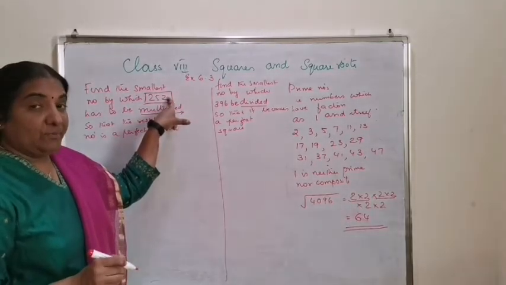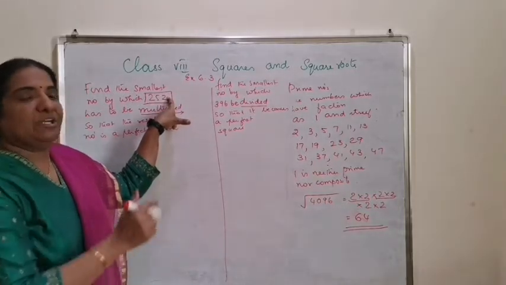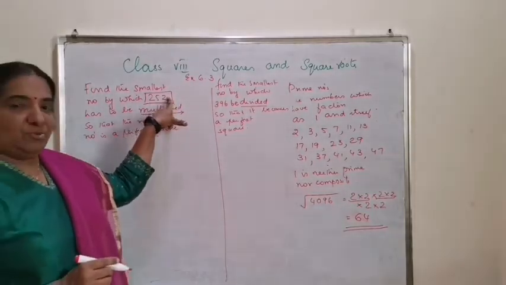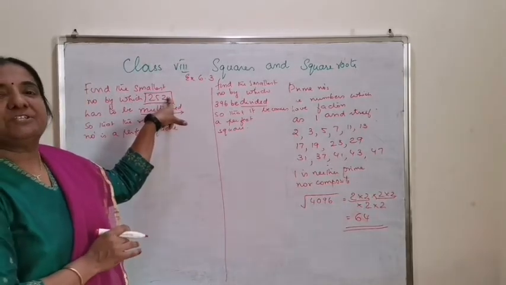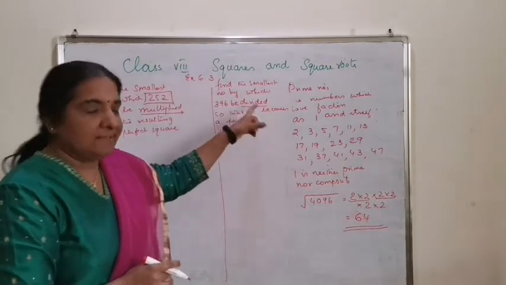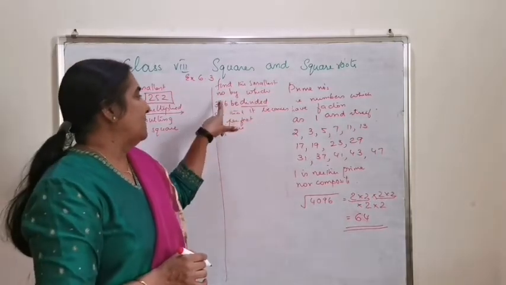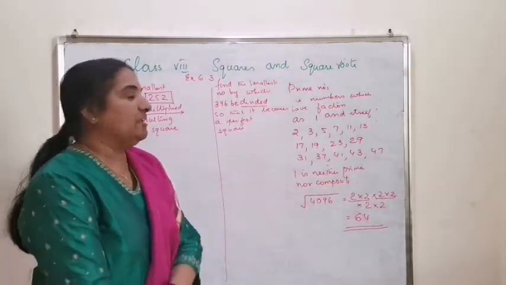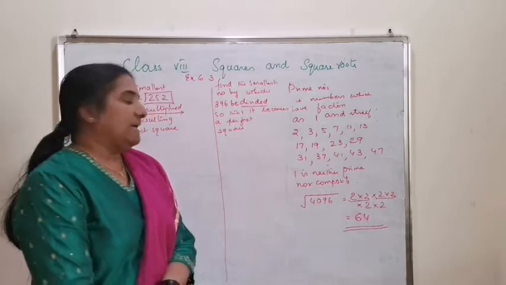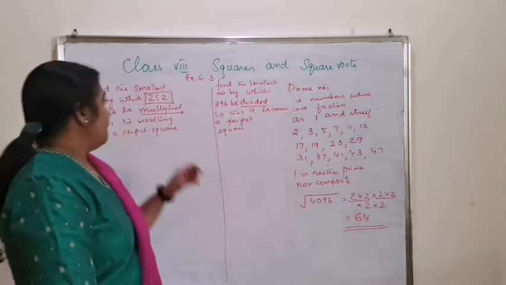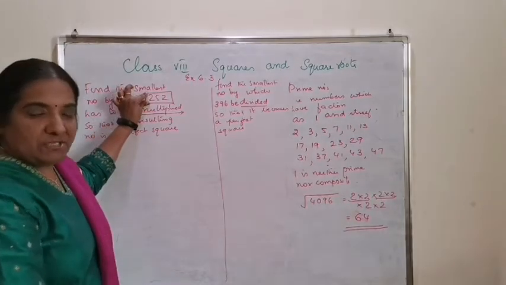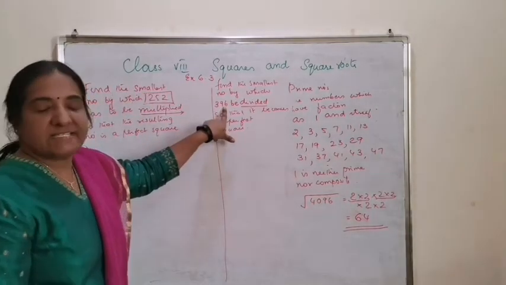They are asking you which is the smallest number to be multiplied with 252 so that the resulting number is a perfect square. A similar pattern: find the smallest number by which 396 is to be divided so that it becomes a perfect square. The question says that number 252 is not a perfect square, 396 is also not a perfect square.